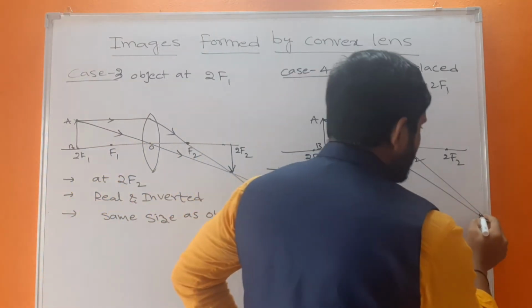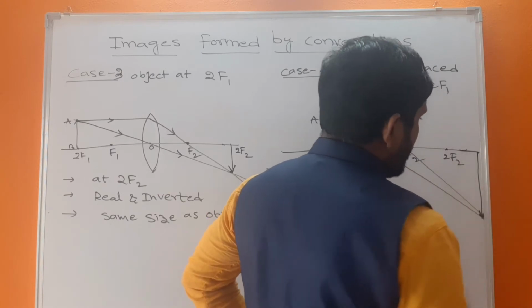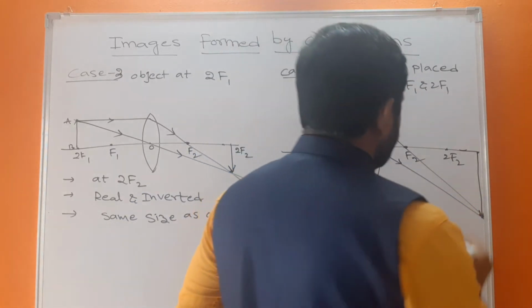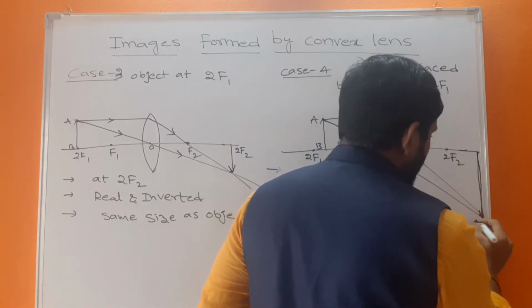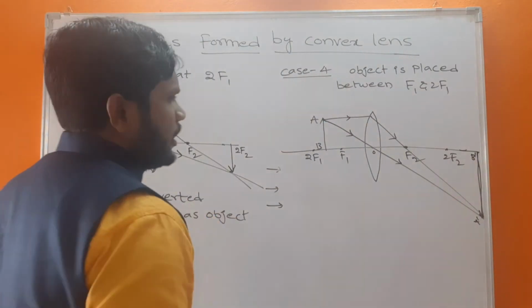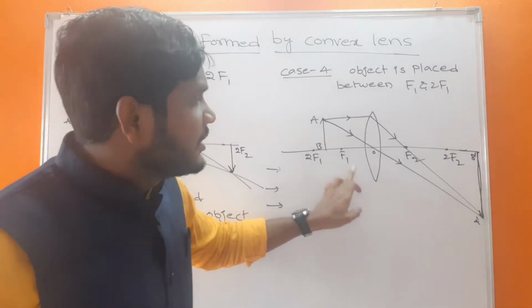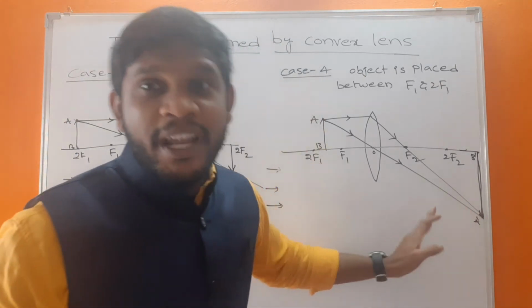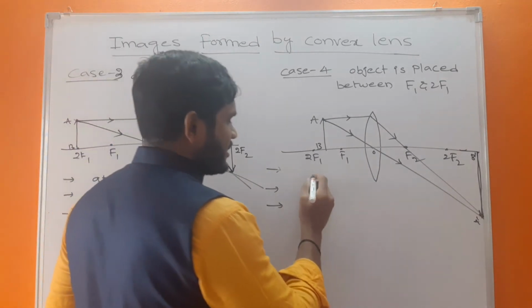Here we can see the point where the two refracted rays meet. This is the position of the image. When the object is placed between 2f1 and f1, the image is formed behind 2f2.